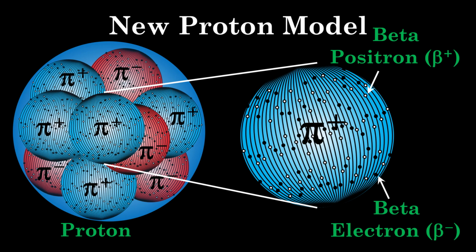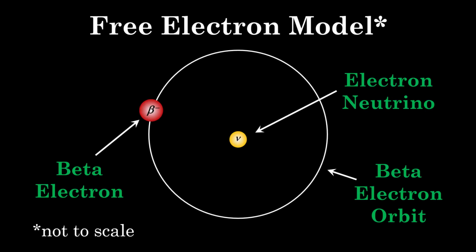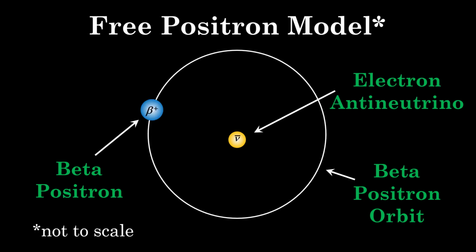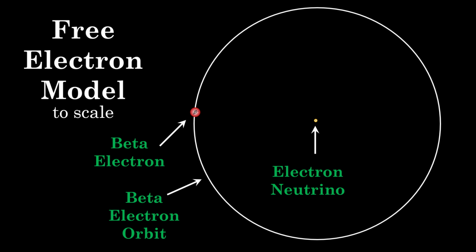The beta electrons and beta positrons are slightly less massive than free electrons and free positrons, and appear to be the proton's most basic component particles. The beta electron couples with and orbits an electron neutrino to form a free electron, and the beta positron an electron antineutrino to form a free positron. The radius of the free electron is about 23 times that of the beta electron.